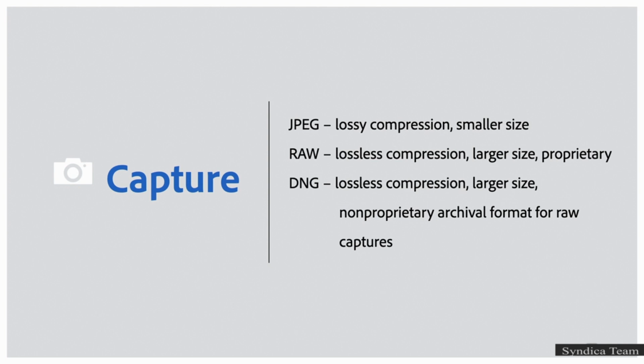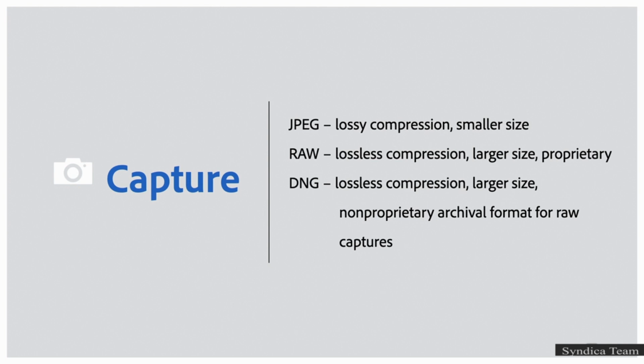The DNG format, the digital negative, is another RAW file format, but it has a significant difference. It's not a proprietary file format. The DNG format was created by Adobe with the intent of DNG becoming the archival format for all digital images. Adobe makes its file specifications available to other software developers.